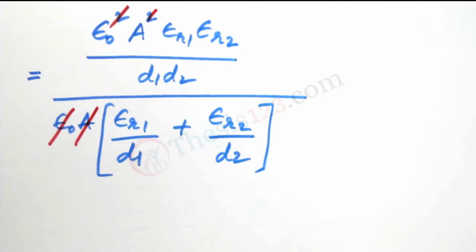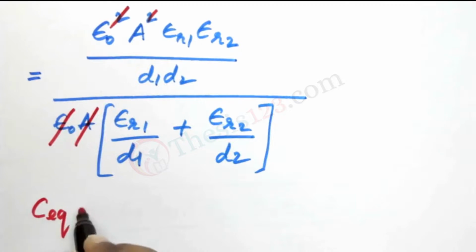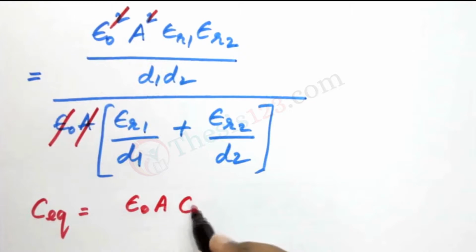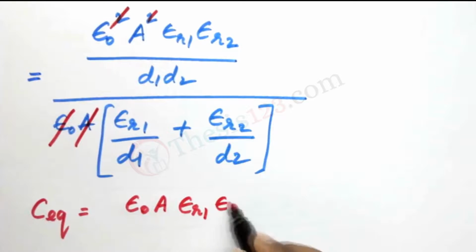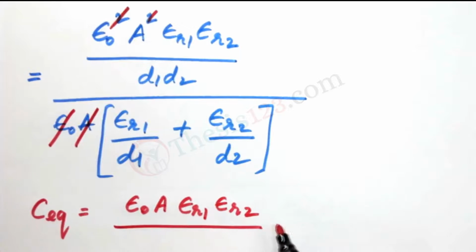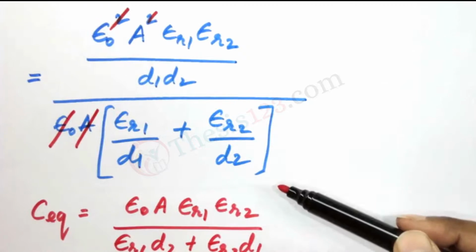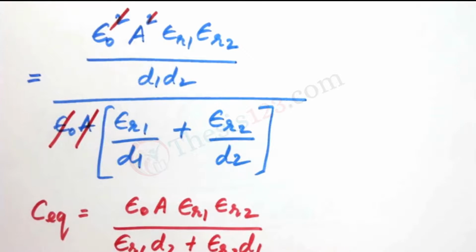So this is what we have. Okay, I'll note this down over here. So C equivalent is equal to epsilon naught A epsilon r1 epsilon r2 divided by epsilon r1 d2 plus epsilon r2 d1. So this is a simplification of this to the next step.